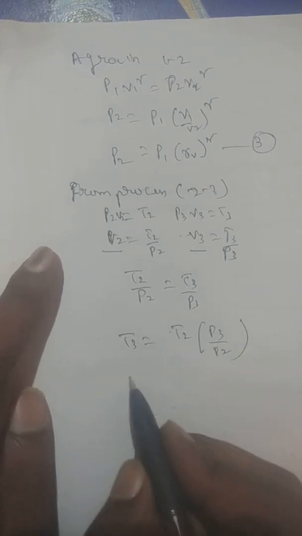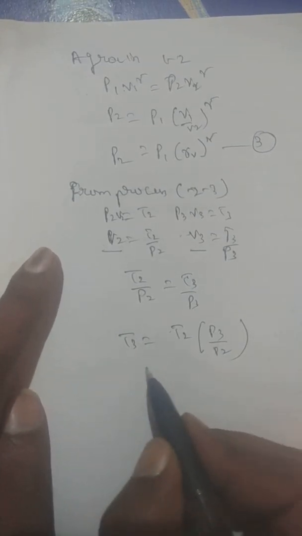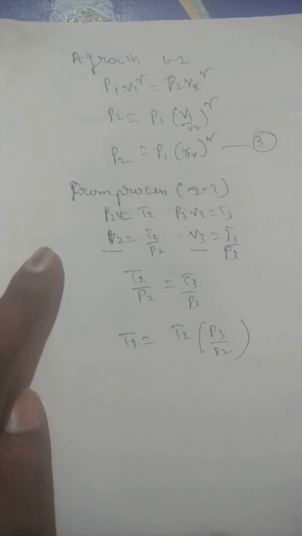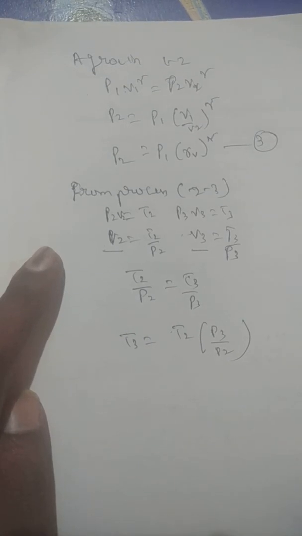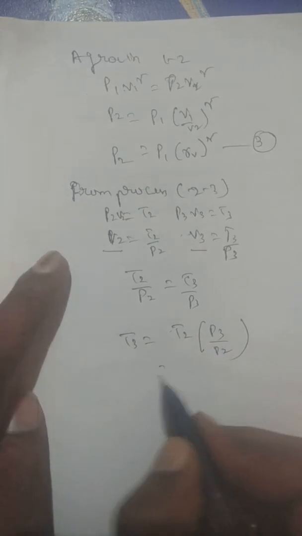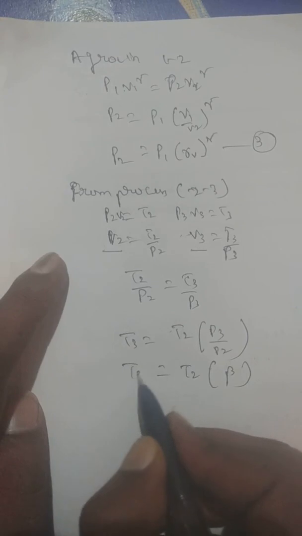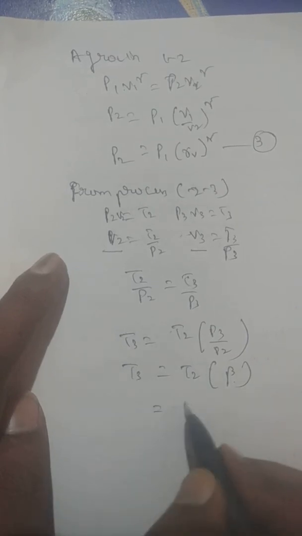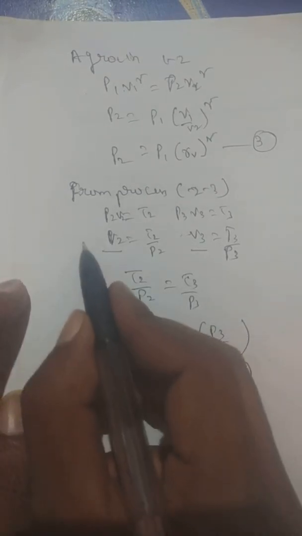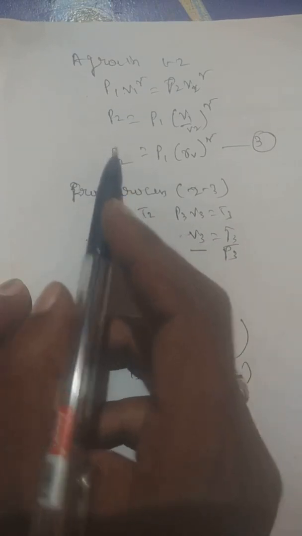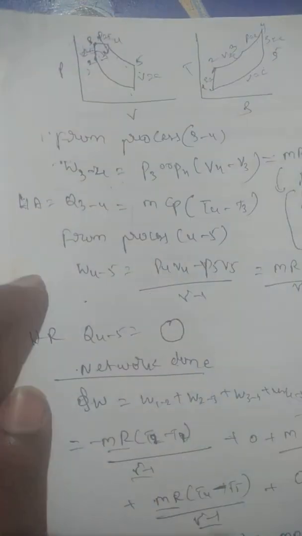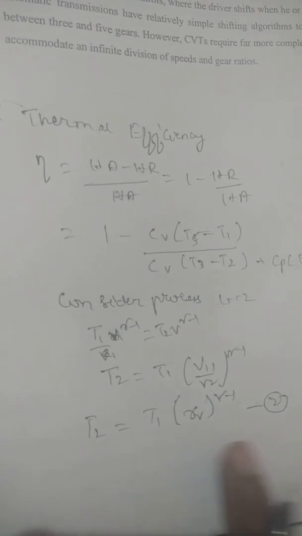Whereas in the previous derivations, while deriving the equations for diesel cycle, I explained one more new term, that is pressure ratio, and that one was indicated with beta. Beta is pressure ratio. Whereas this T2 we have already found out from equation 2.